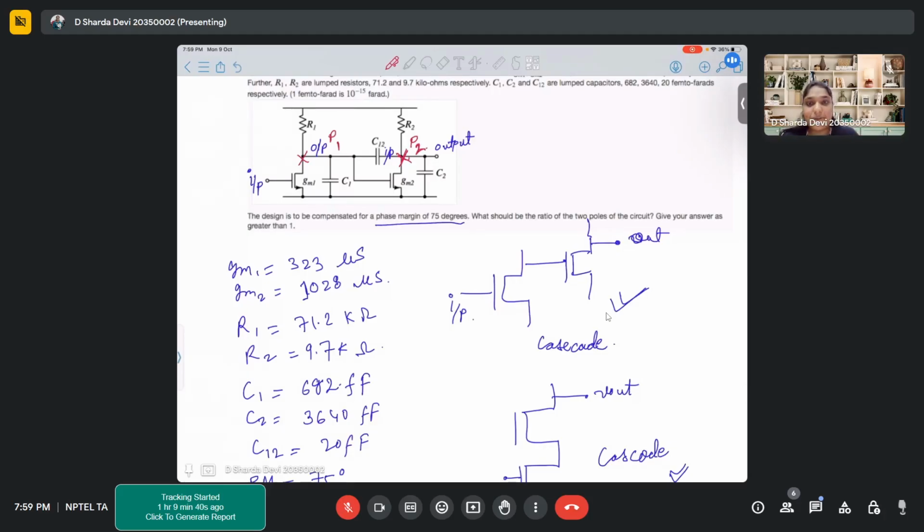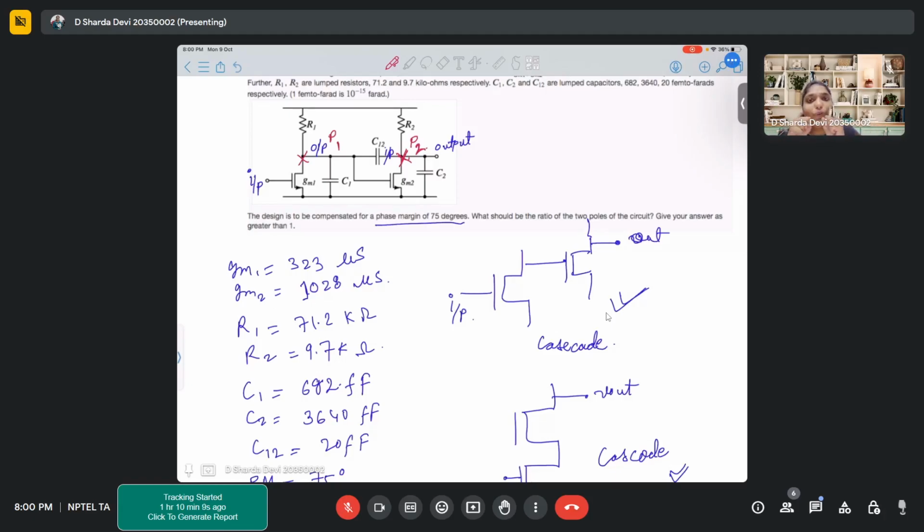Both the poles should be separated. And if we can separate the two poles very far apart, such that your unity gain frequency comes in between these two poles, your system is basically behaving as a unity pole system, right? And a unity pole system is always stable. So in that particular frequency range, your system will always behave as a stable system. So that is the idea.